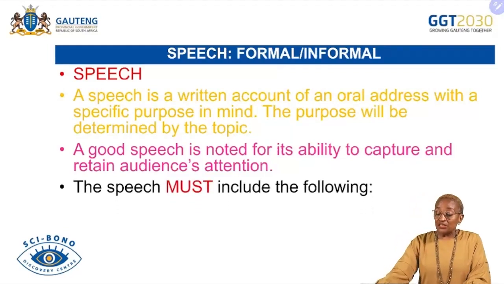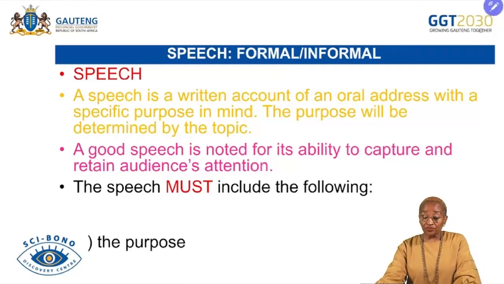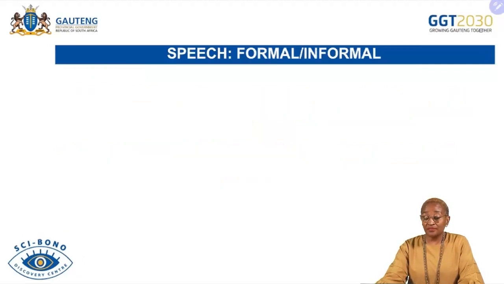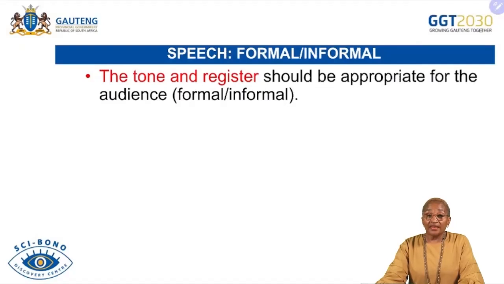The speech must include the following: the purpose. Why are you writing that speech? And the audience. It is important that you can identify the audience. The tone and the register. These are also very, very important.